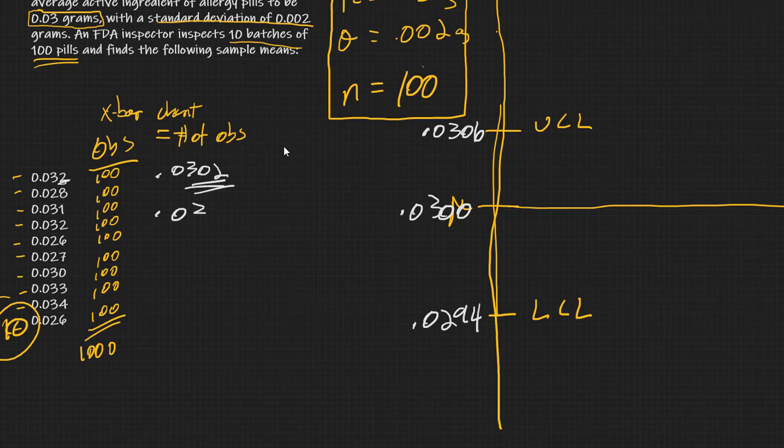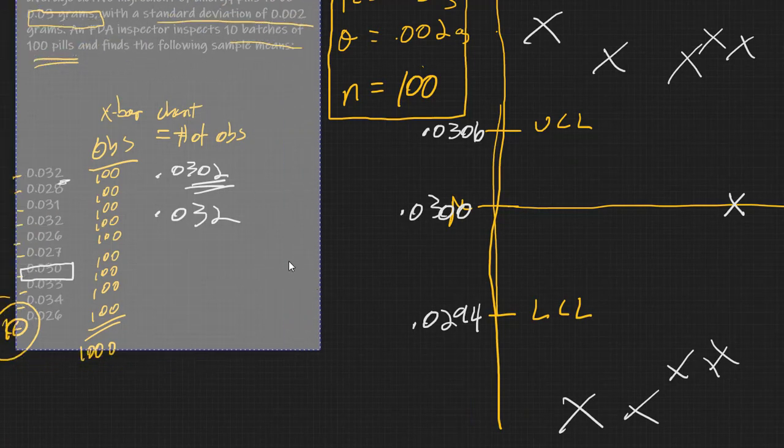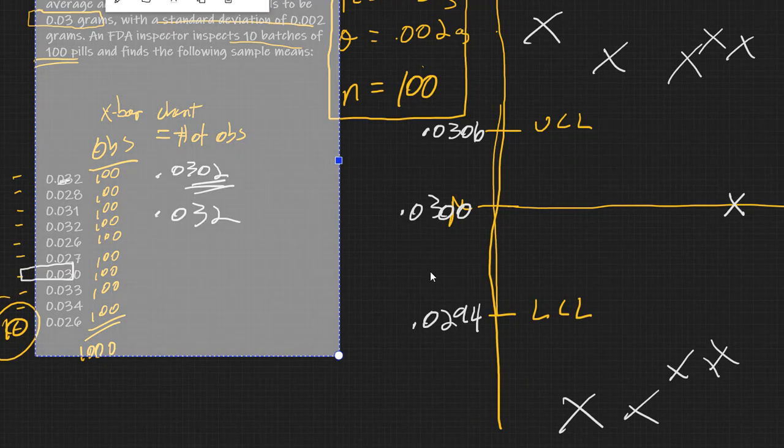This is 0.032, way up here somewhere. 0.028, again, keep an eye on those decimals, is way down here somewhere. 0.031, again, way up there somewhere. 0.03, everything seems to be way out except for this one. This one is dead on the money, but everything else is way out of whack.